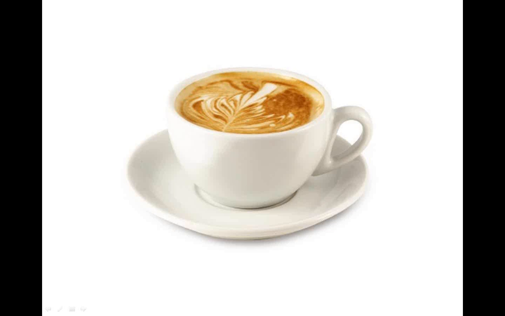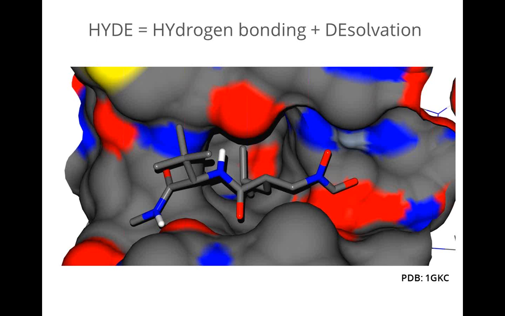But before the medicinal chemist walks back happily to the lab wanting to synthesize, it might be necessary to prioritize these compounds, whether it actually makes sense to be synthesized. And this can be done with our binding affinity tool called HIDE. HIDE is a tool that assesses or takes into account the hydrogen bonding energy and the hydrophobic effect, essentially the desolvation energy.